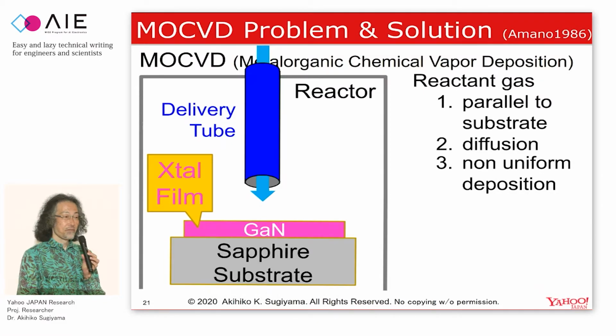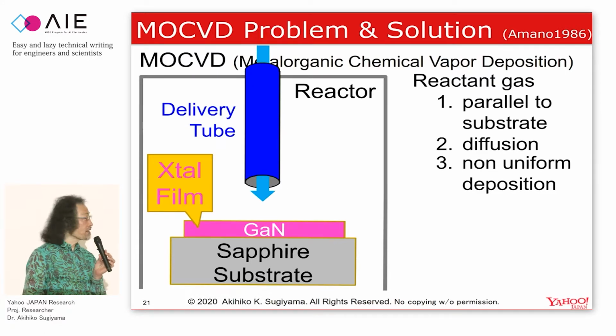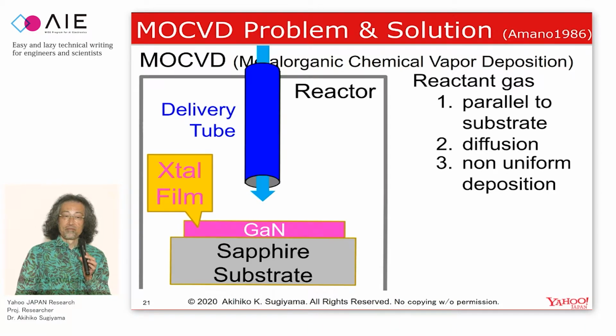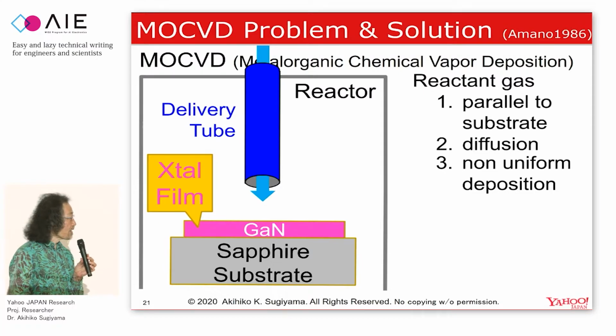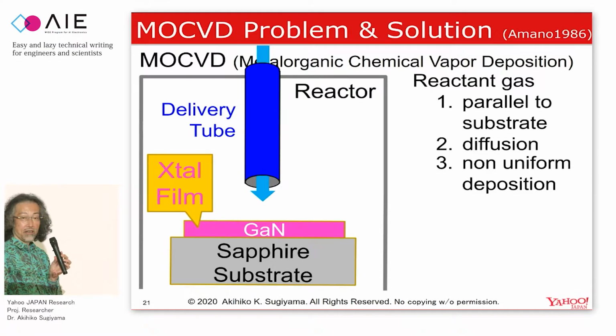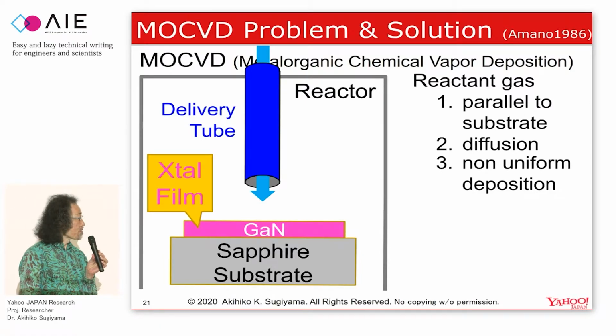However, in this case, there is yet another problem. There is a non-uniform deposition. It touches very strongly at the center, and then it diffuses around. So that's one of the reasons why there is non-uniform deposition.